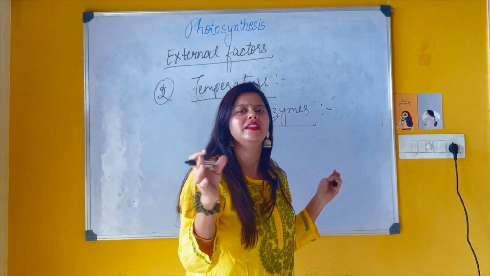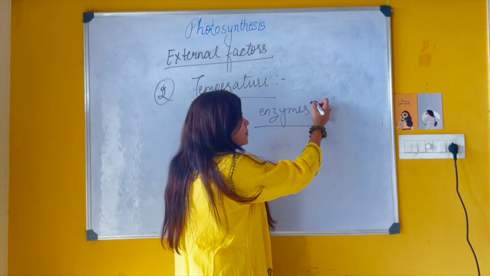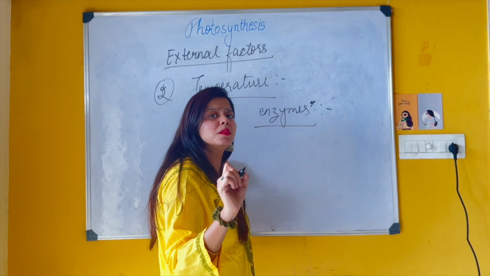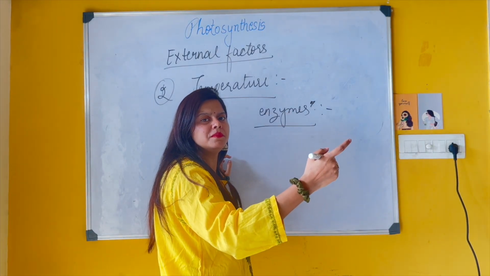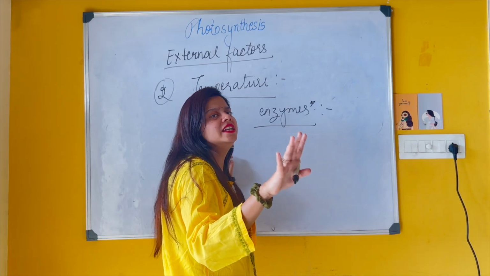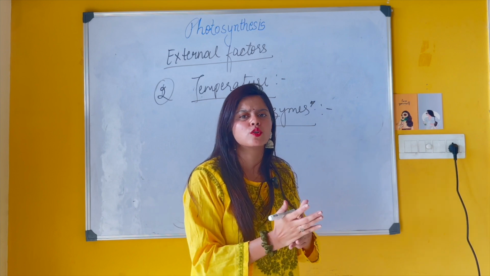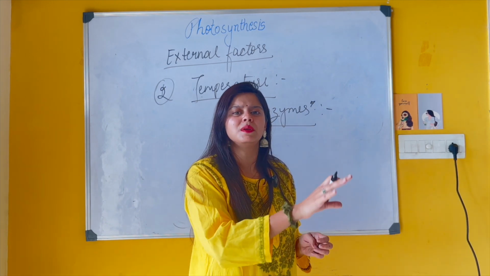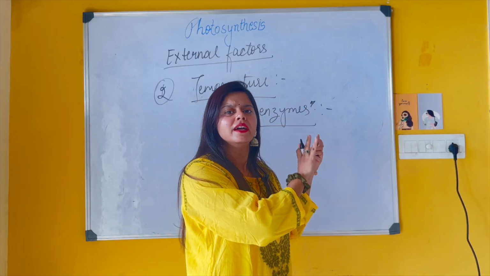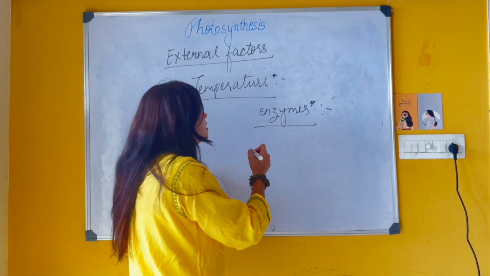We all know that for all reactions in living organisms, enzymes are important. And enzymes work only at an optimum temperature. Above that optimum temperature, enzyme starts denaturing. So if temperature is very high, enzymes will be destroyed, enzymes will get denatured. And most of the reactions in living organisms require enzymes. So how is temperature playing an important part?